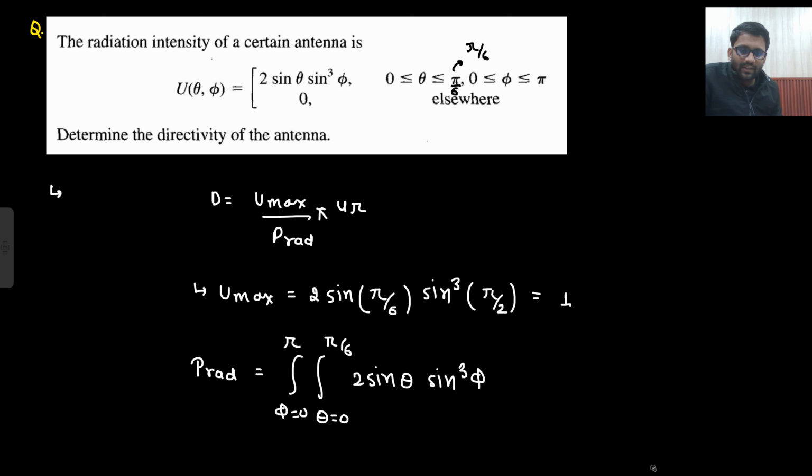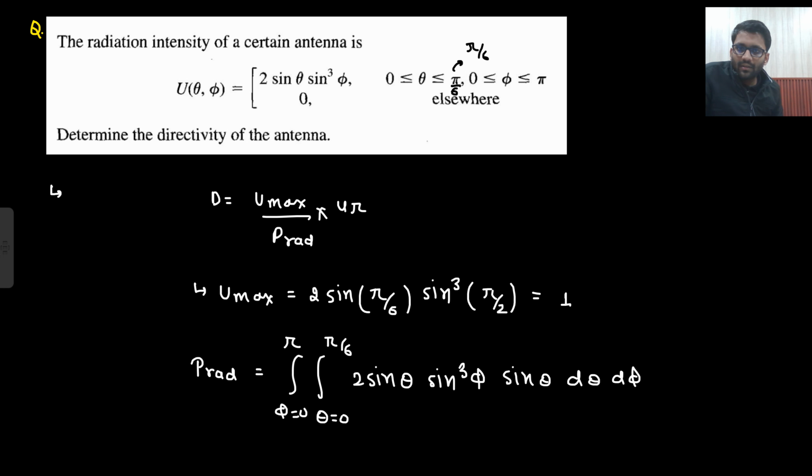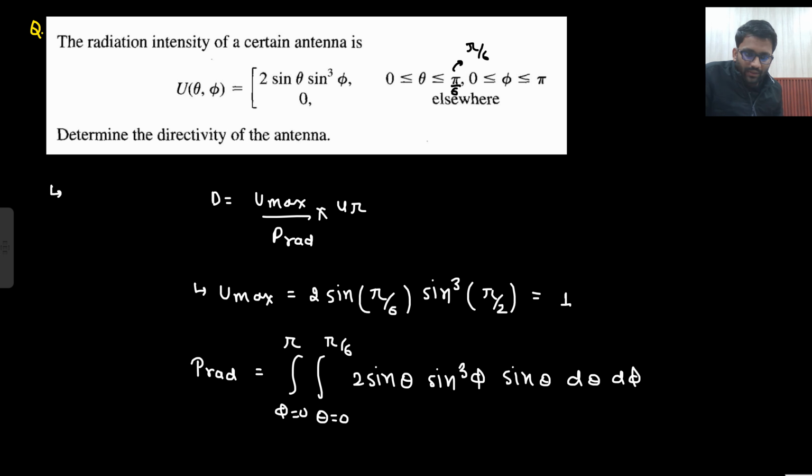So let it be like this only. From here, 2 I can take outward. Then I need to integrate sine square theta d theta, limit being from 0 to pi by 6, and then I need to integrate sine cube phi d phi. Right?